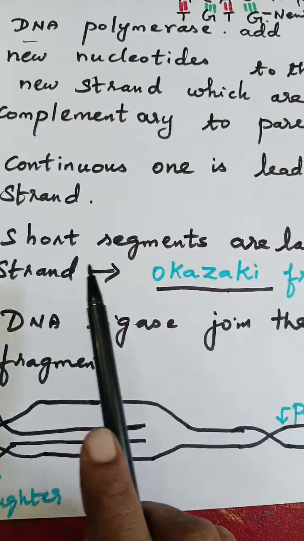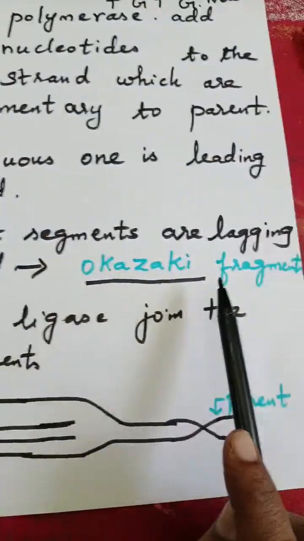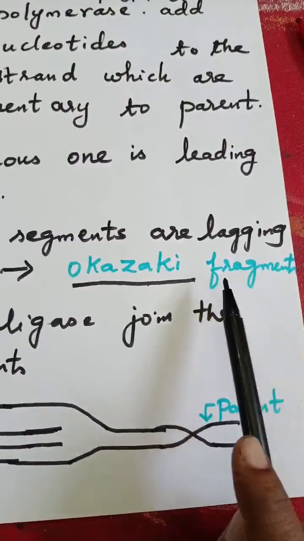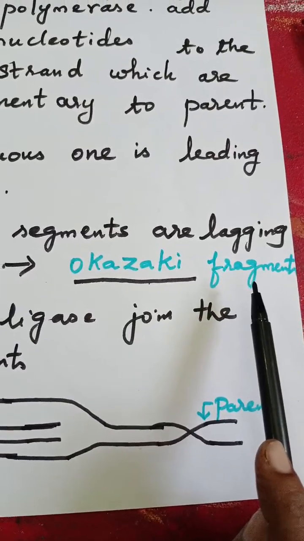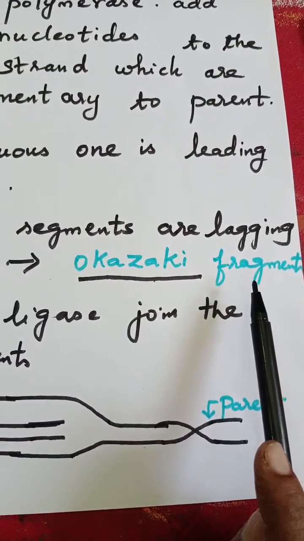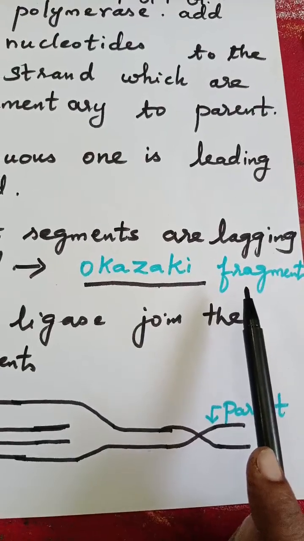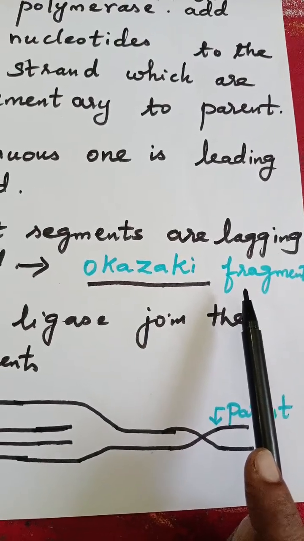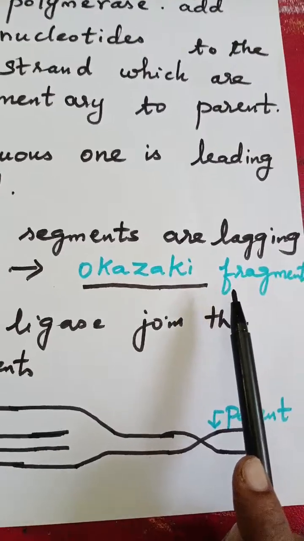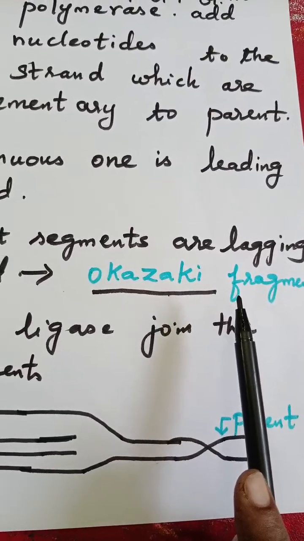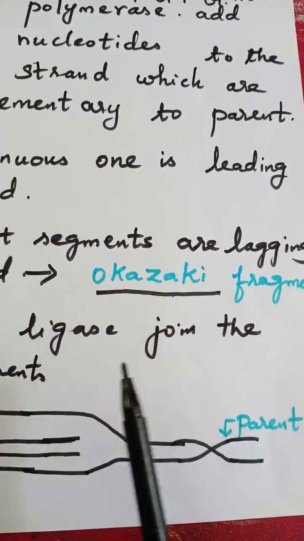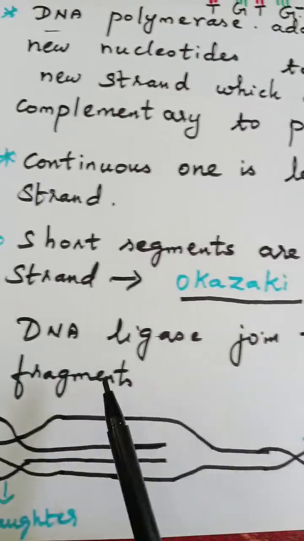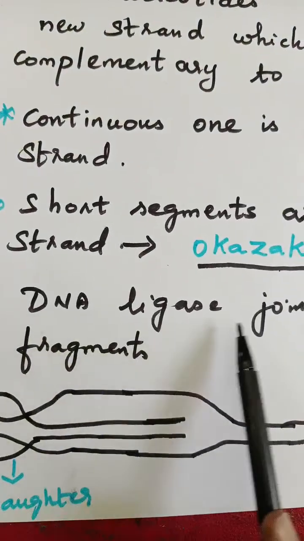The other strand will be short segments, known as Okazaki fragments. These fragments should be continuous, then only can they form a new complementary DNA strand, the daughter strand, which should be double helical. How will they be double helical? Only if the strands are continuous. So for that they need another enzyme known as DNA ligase.